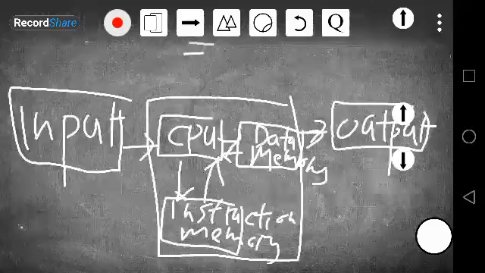The memory is split into instruction memory and data memory, meaning to say you can search for an instruction and write some data at the same time. So this is the major difference between the Harvard architecture and the von Neumann architecture.